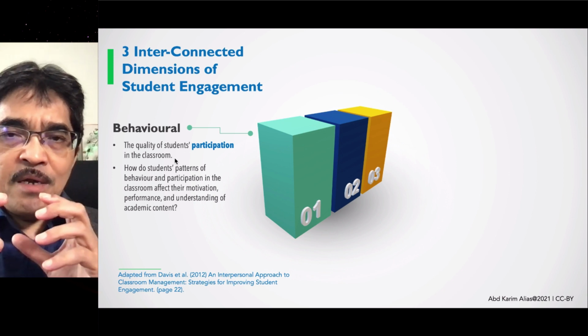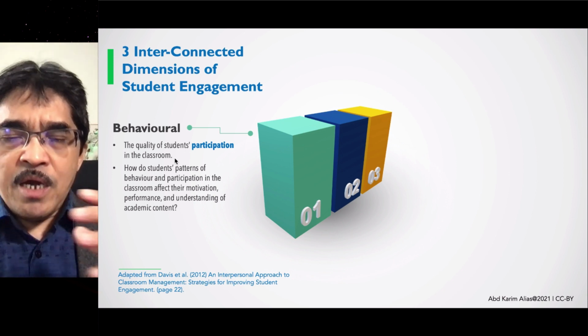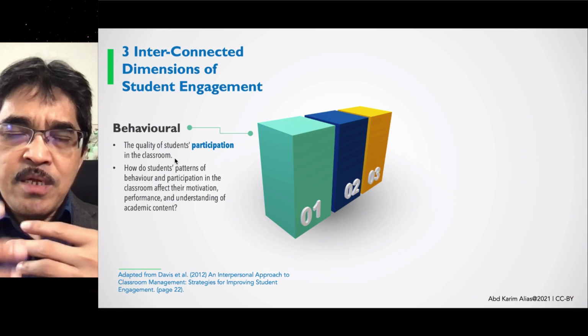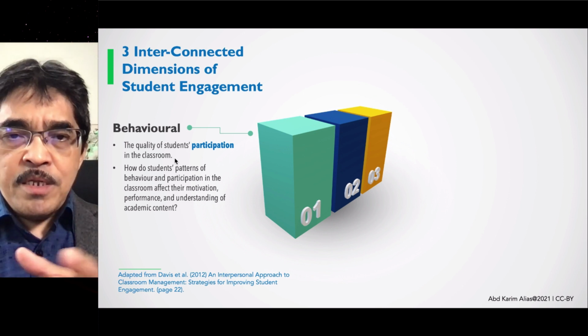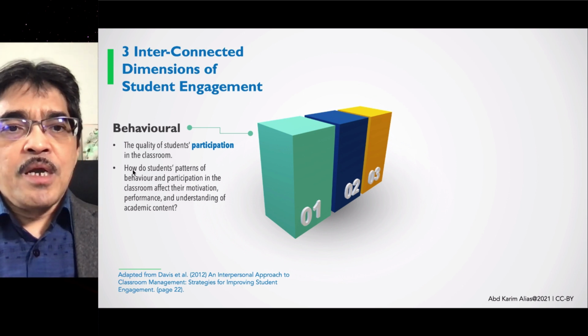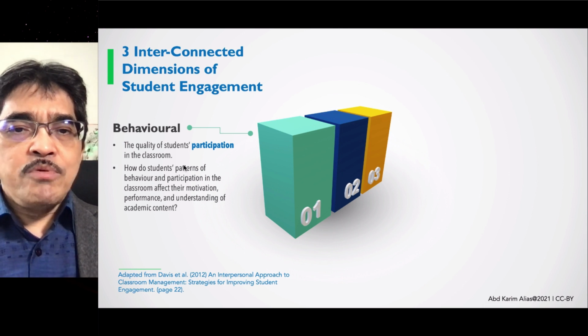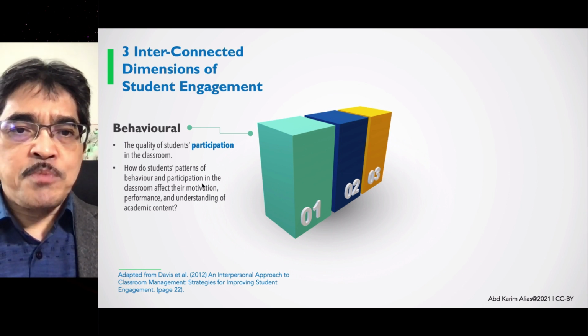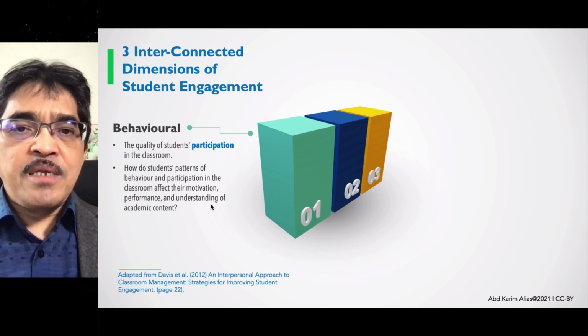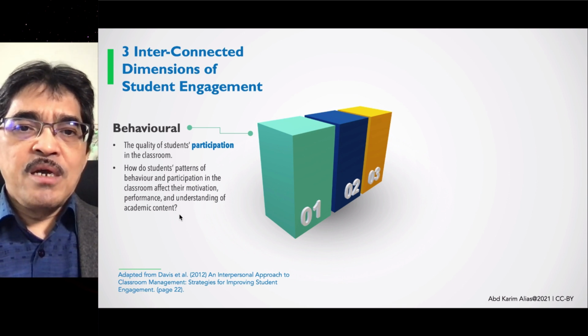These are the kind of behaviors where we can see that they are working together, they are participating actively in any given task. How do students' patterns of behavior and participation in the classroom affect their motivation, performance, and understanding of academic content?